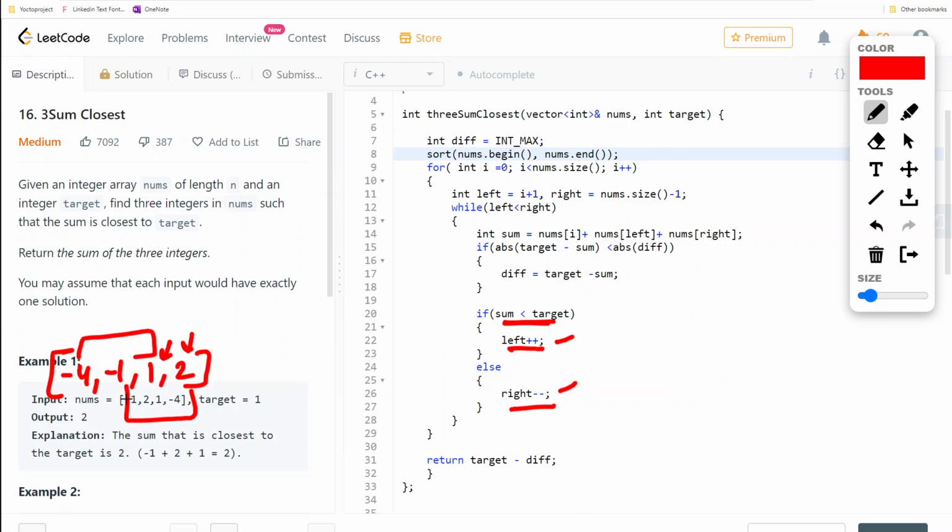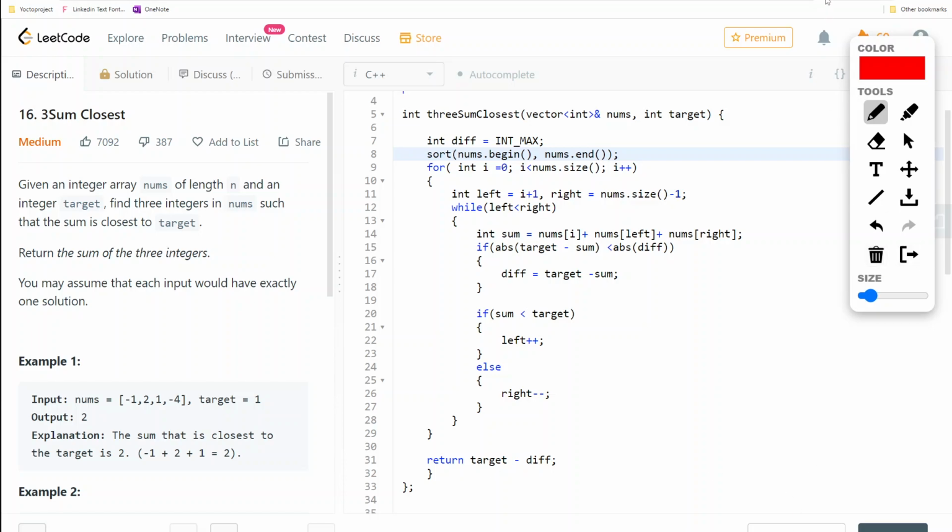Because we will be adding something bigger when we sort them. But if it was just these random numbers, then even if we move the pointer with this one or with this, it was not sure that our sum would be increasing, it might rather have been decreasing, because we got -4 here, right? So that's why it is important to sort it, because we are comparing on the basis of adding up.